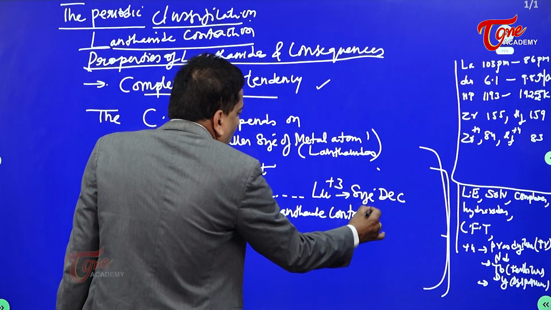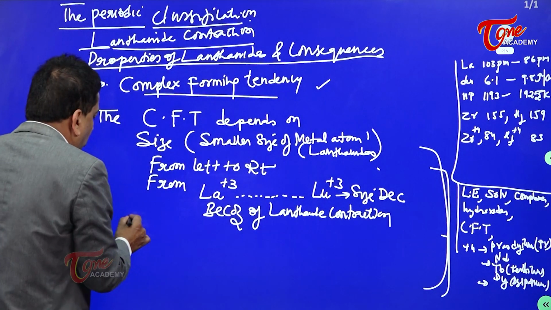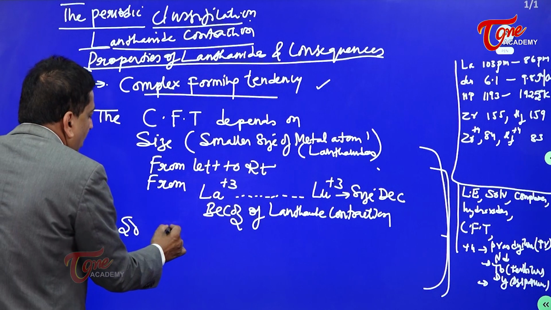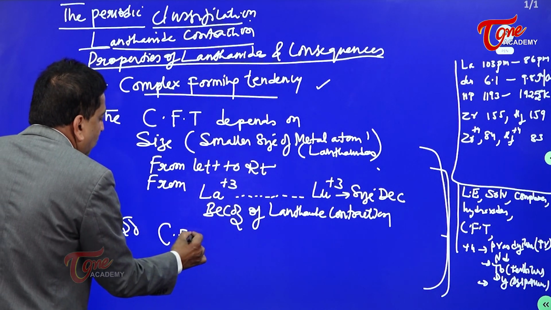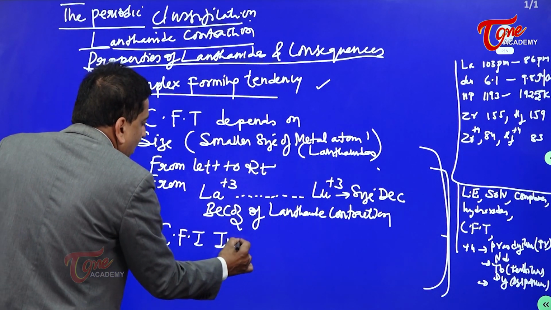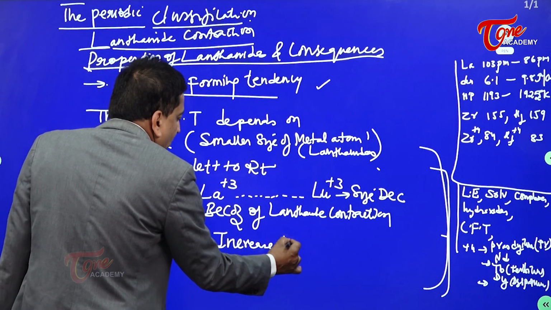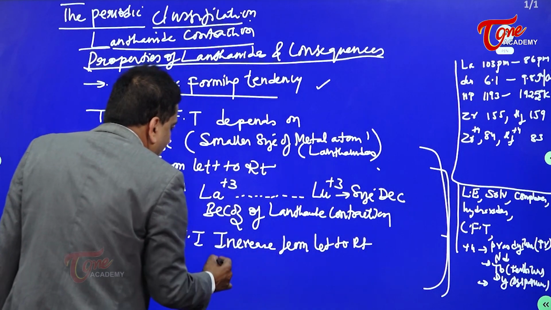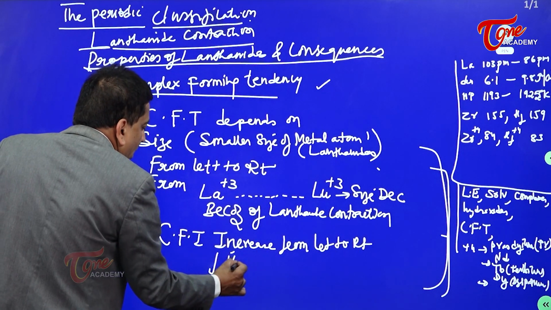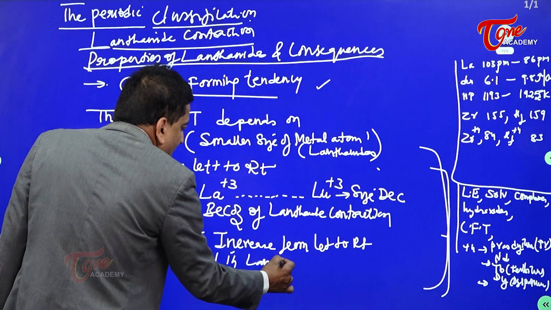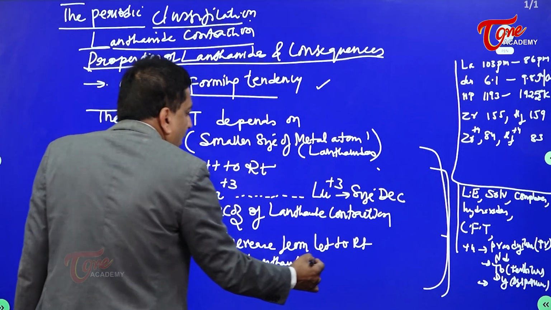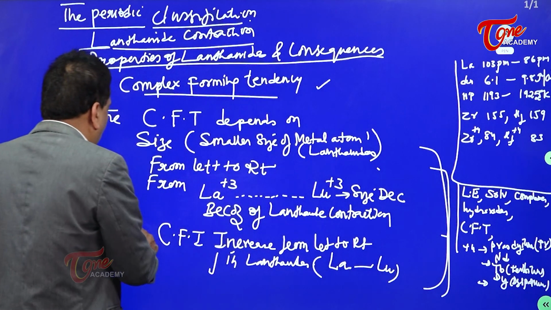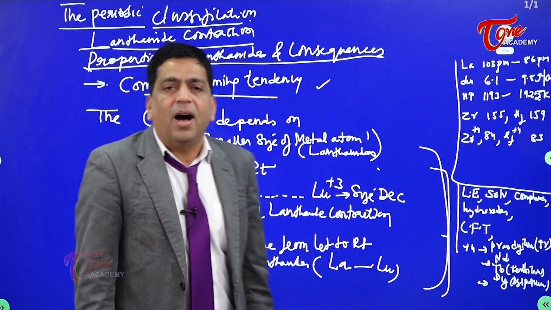So basically what is happening is the complex forming tendency increases. This is the question. From left to right in lanthanides, that is from lanthanum to lutetium. This is the question which he will be asking in exam.